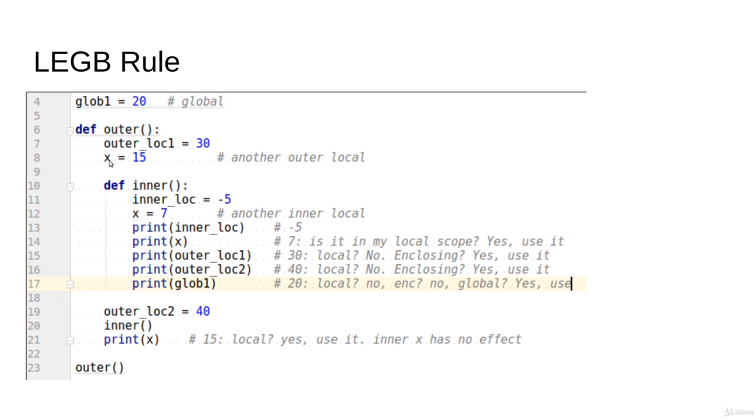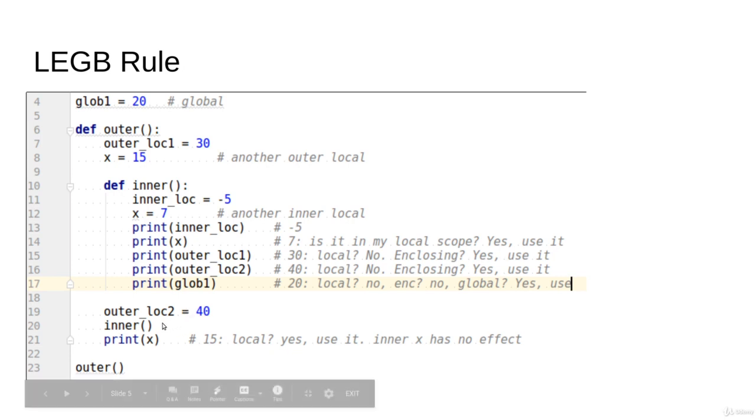Let's make some prints. Inner local: is it a local variable? Yes, -5. Print it. Print x: is it local? Yes, we have a local version of it, use it. Outer local 1: is it local? No. Is it in the outer function? Yes, use it, 30. Outer local 2: is it local? No. Is it enclosing? Yes. But observe that it is after the function definition. Does it matter?